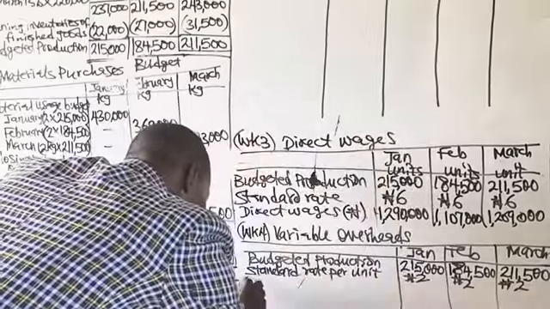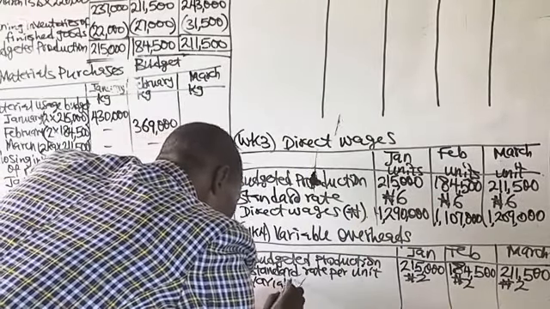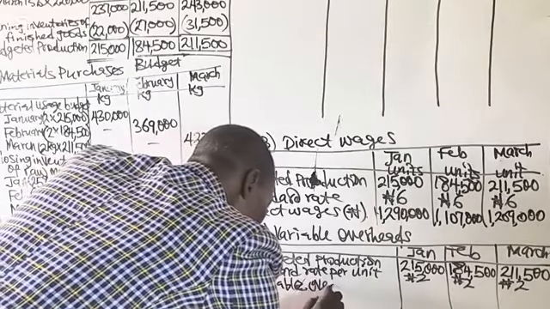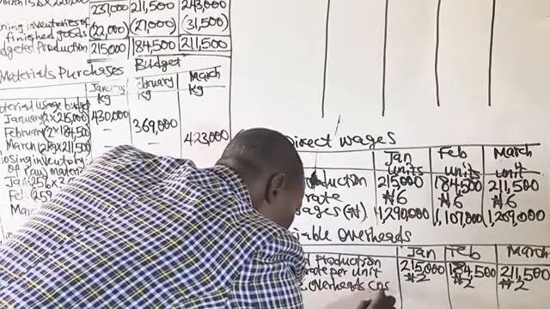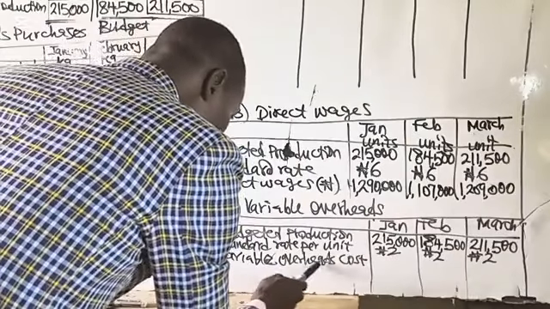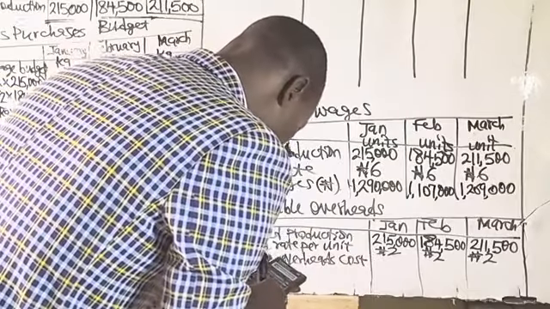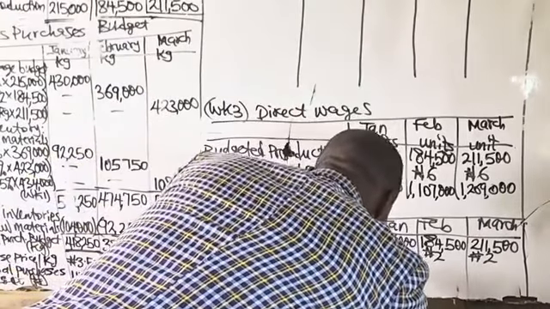So variable overheads cost. In order to get the variable overheads cost, you multiply the units produced by the standard rate per unit of 2 naira. So we have 430,000.